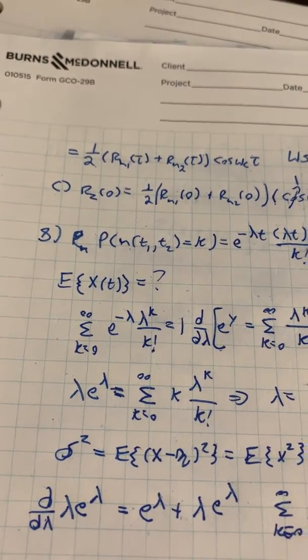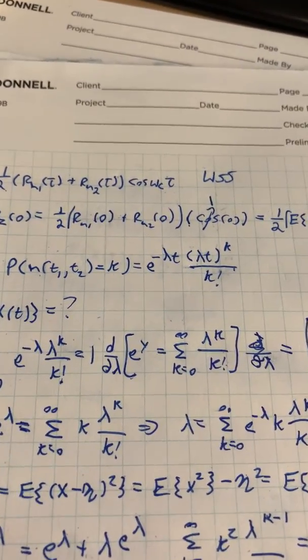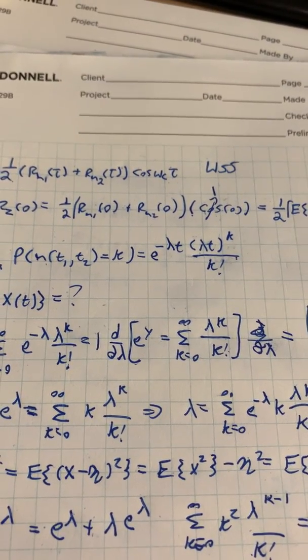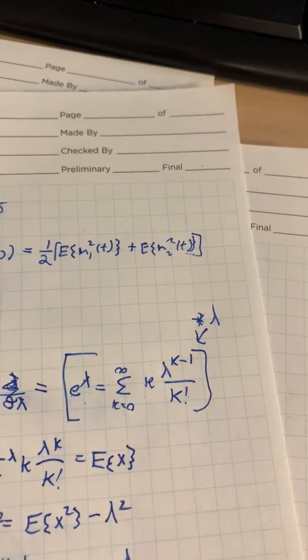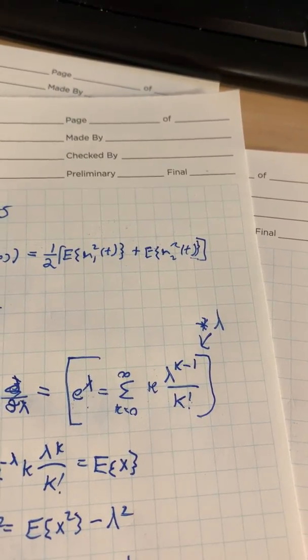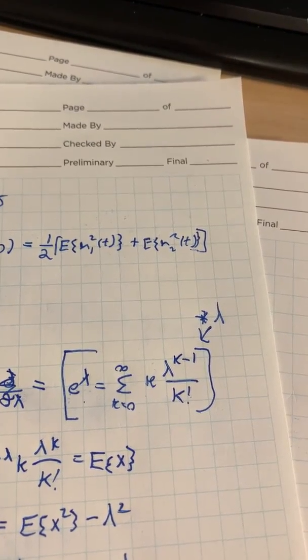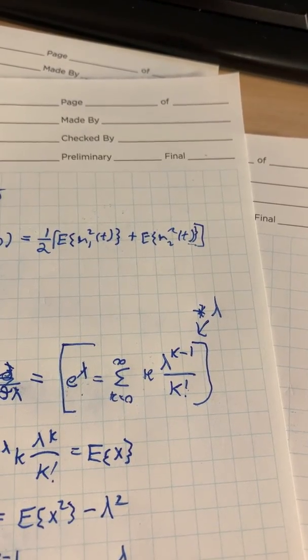So if we move the e to the negative lambda over to the other side, it becomes e to the positive lambda. And if we then take the derivative with respect to lambda of that entire thing, we get e to the lambda is equal to this, and you see the k drop down as a multiplier and we get k minus 1.